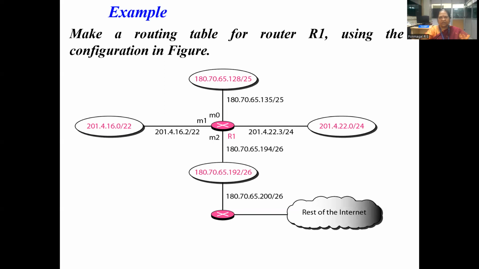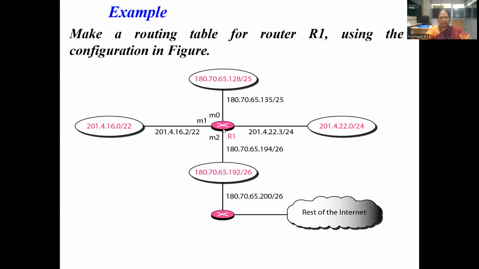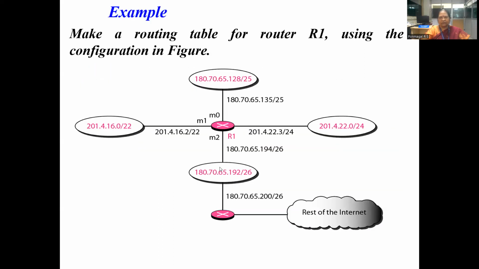For the /26 mask, the network is 180.70.65.192, that is the network address. There is no next hop because the router is connected directly to the network. Interface is M2. Like this, we can form the routing table for all the other entries also.